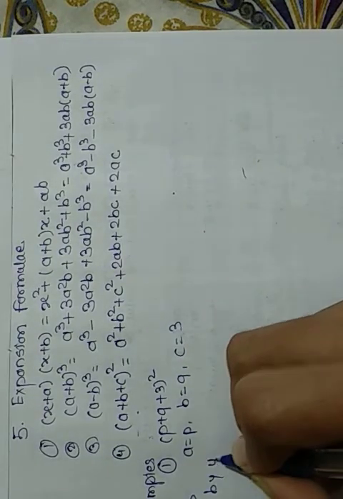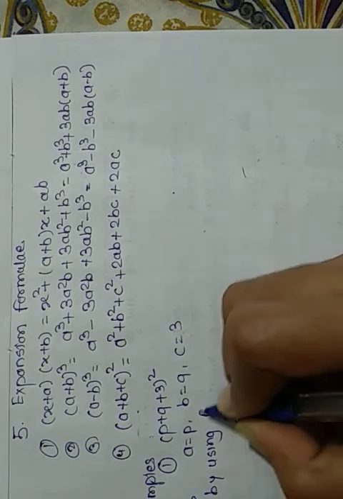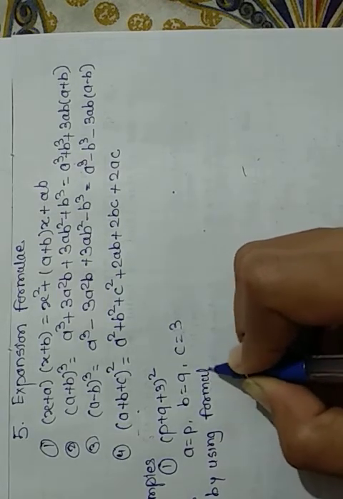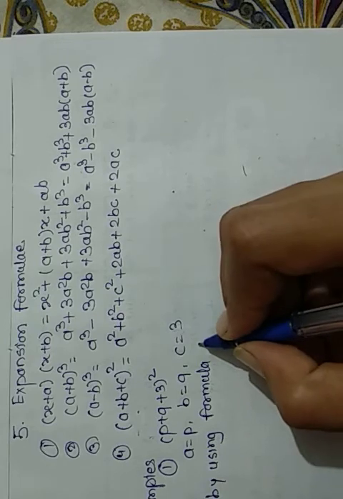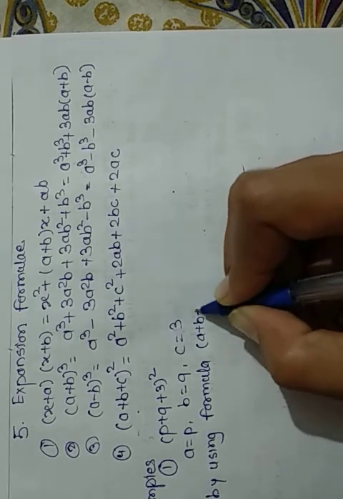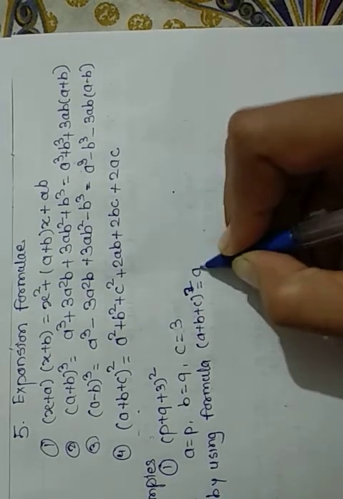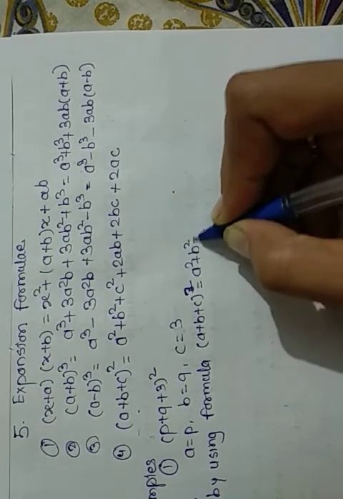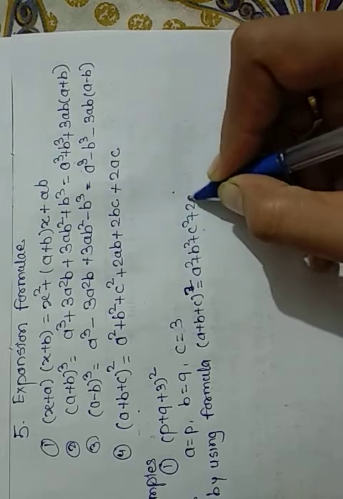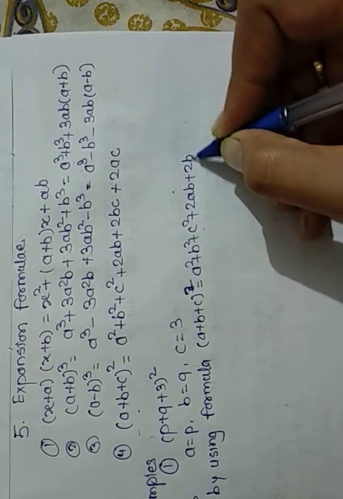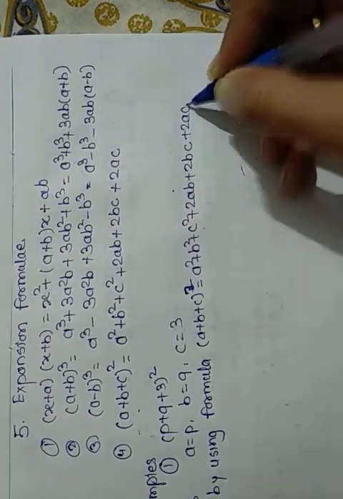Then by using formula (a + b + c) bracket square is equal to a square plus b square plus c square plus 2ab plus 2bc plus 2ac.